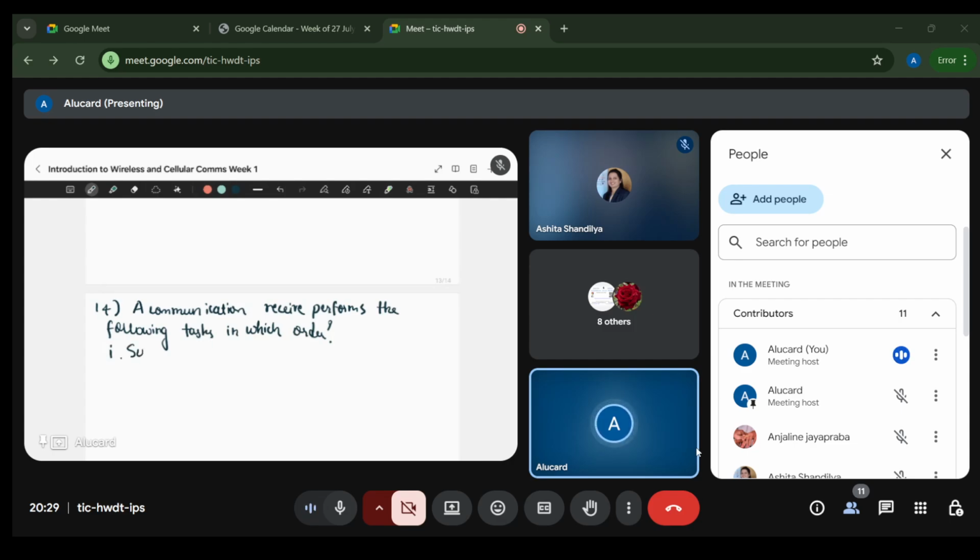So, first task is synchronization, next, channel decoding, then channel estimation, then equalization.